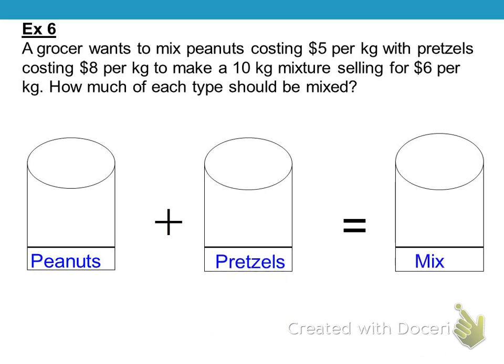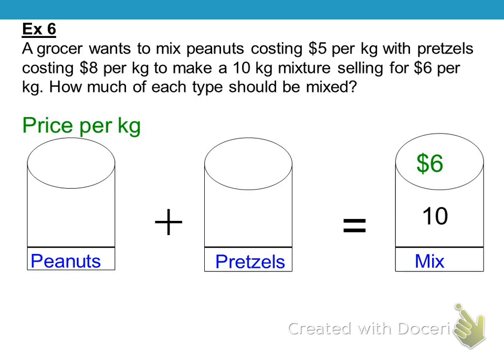Sounds pretty delightful. All right, what do I know? The mix is going to be 10 kilograms, sold for 6 per kilogram. So I need the 6 and the 10 in the mixture, right?